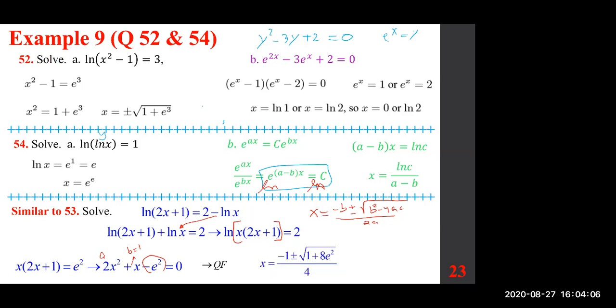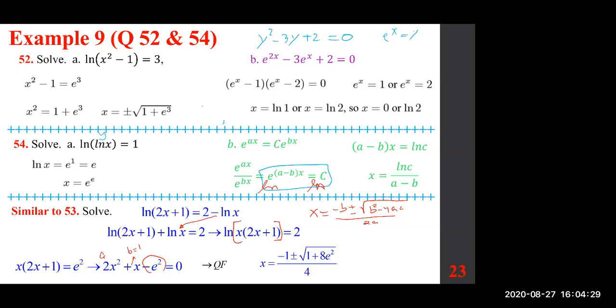I'm assuming everybody can now come up with that: minus b, that means minus 1, plus or minus the square root of b squared, which is 1, minus 4 times 2 times negative e squared, and that's your x.